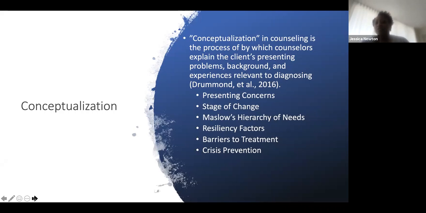And the final thing is crisis prevention. What is it that may exacerbate or worsen the person's current mental and emotional state? We want to be mindful of that as well.